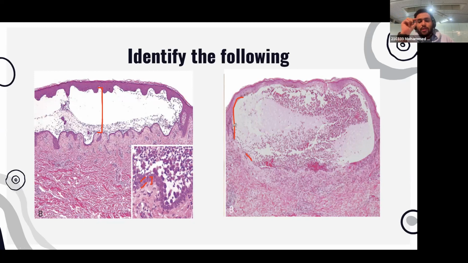In bullous pemphigoid, the epidermal cells are still intact to each other, however, the epidermis is no longer connected to the dermis. What is the pathology here? What are the IgG antibodies targeting? Hemidesmosomes. Tamam? Hemidesmosomes. Good.